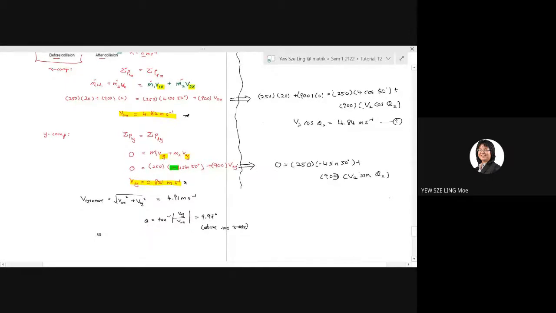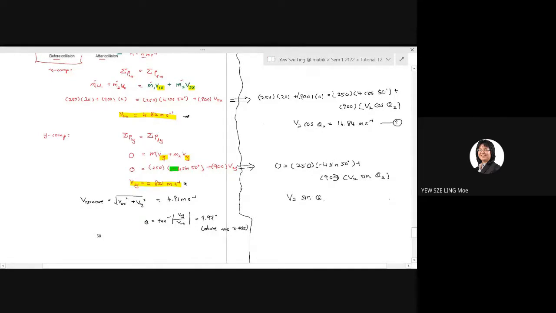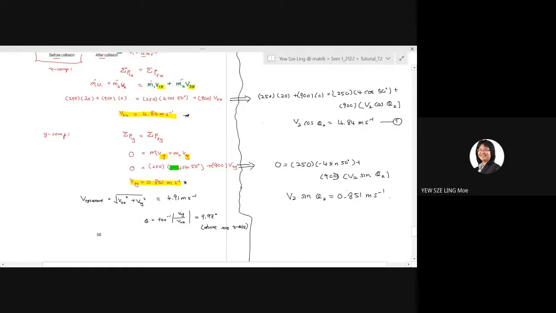Now, can you do it like this? Of course you can. So once again, if you rearrange the equations, you're going to get V2 sine theta 2 equals to 0.851 meter per second.